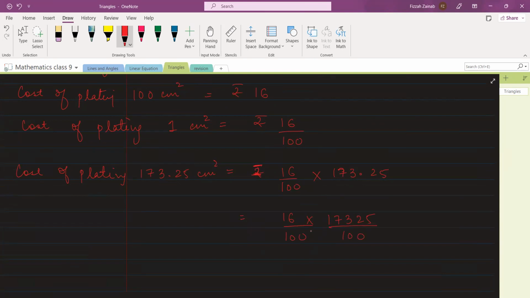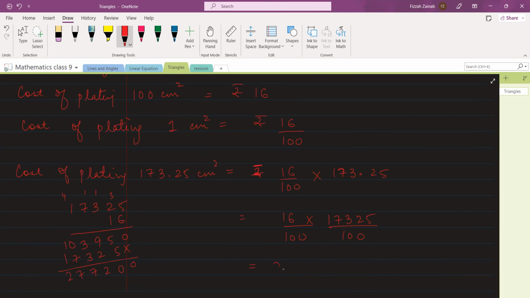Now you multiply this first of all. 173.25 multiplied by 16. 6 into 5, 30, carry 3. 6 into 2, 12. 13, 14, 15, carry 1. 6 into 3, 18 and 1, 19, carry 1. 6 into 7 is 42 and 1, 43, carry 4. 6 into 1, 6 and 4, 10.